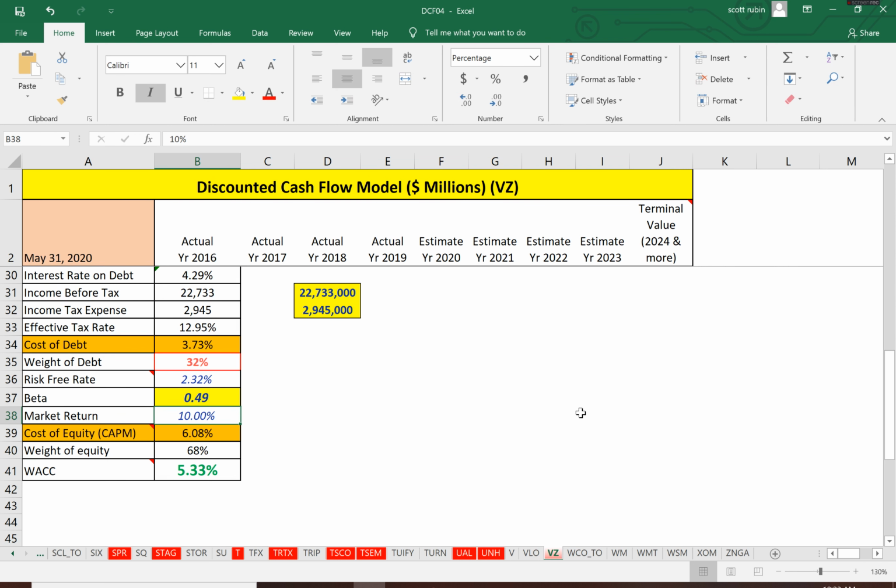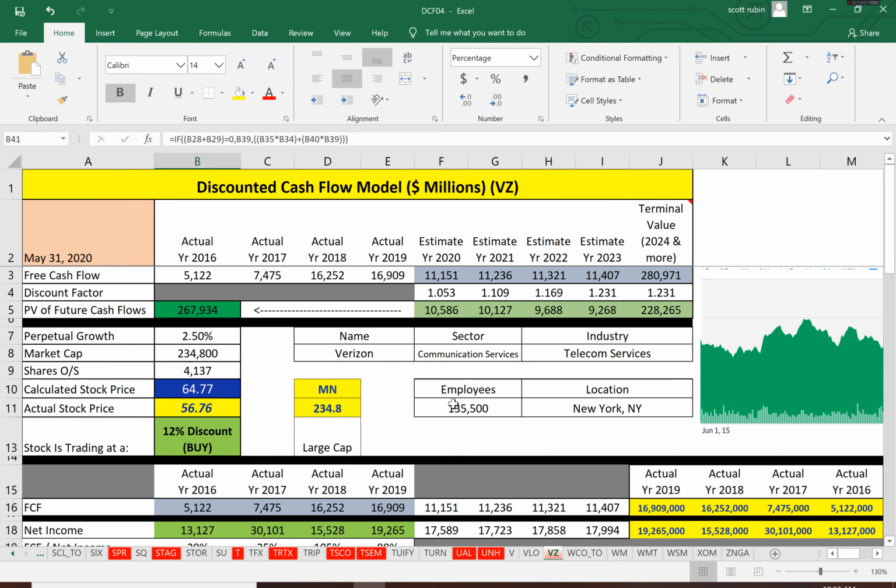The reason equity is more expensive than debt is because it's riskier, and in the event of default, equity holders get paid after debt holders, if there's any money left over. So the WACC, the weighted average cost of capital, is a blend of the equity and the debt, and that's 5.33%. That's a really low WACC, and that's what we're going to use to discount the future cash flows.